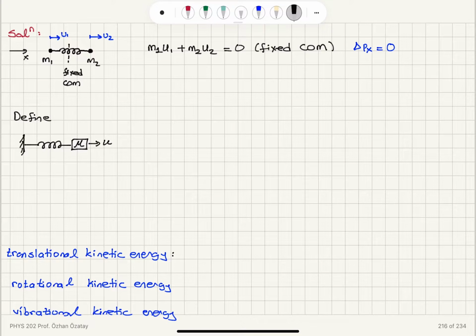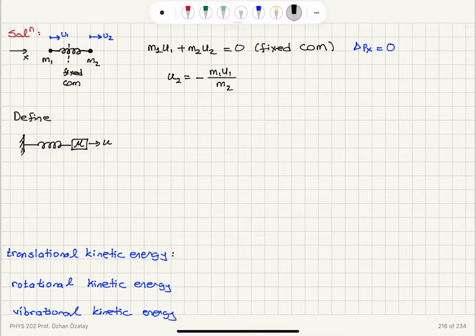So this allows us to write the second mass velocity in terms of the first one: u2 equals minus m1 u1 divided by m2. Well, this is one-dimensional, so no need to include the vector sign here. It's just the signs of these numbers tell me the direction.